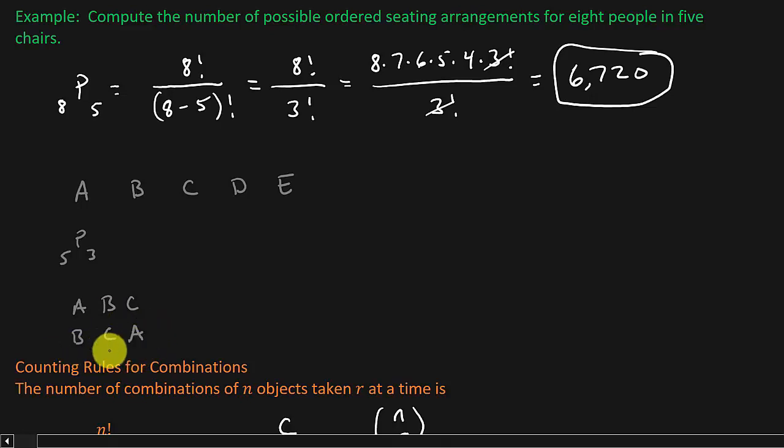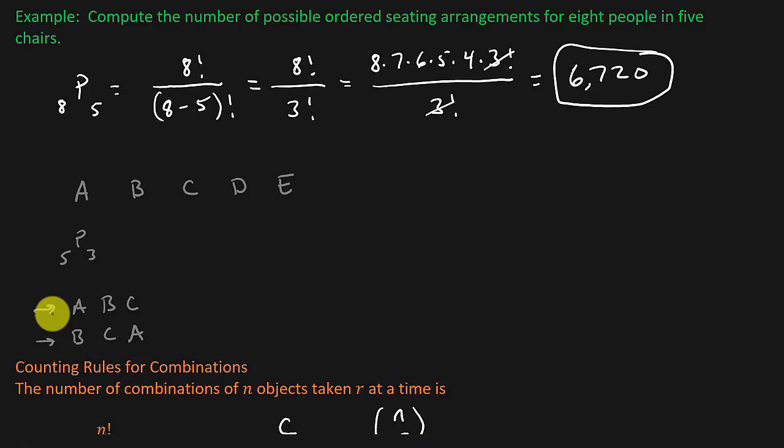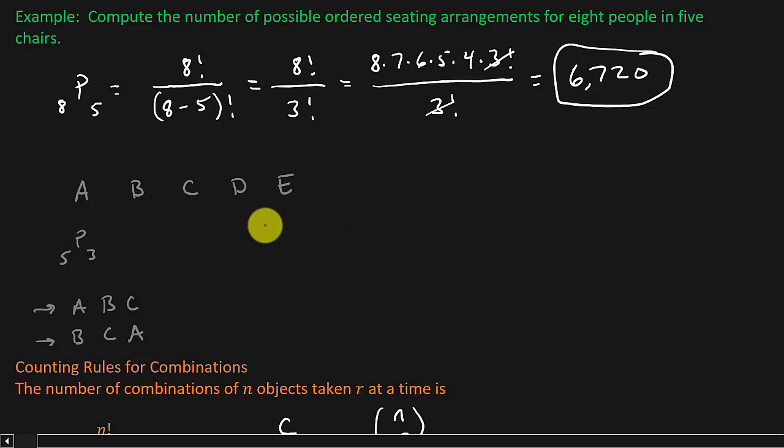And this is a different arrangement. See, this arrangement is different than this one. But I chose the same 3 books. So the order that I chose the books in made a difference. So that's a permutation.